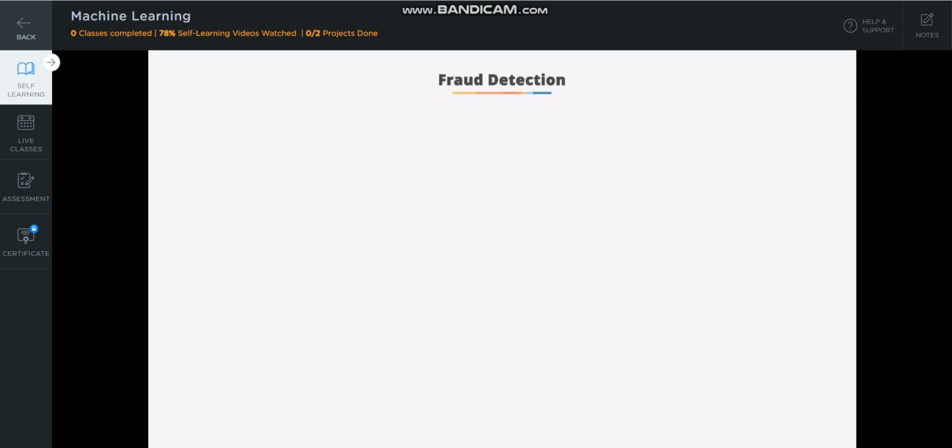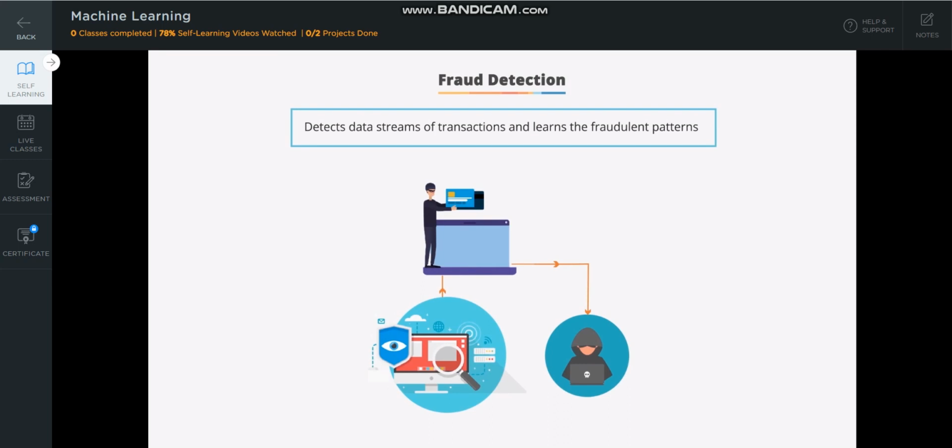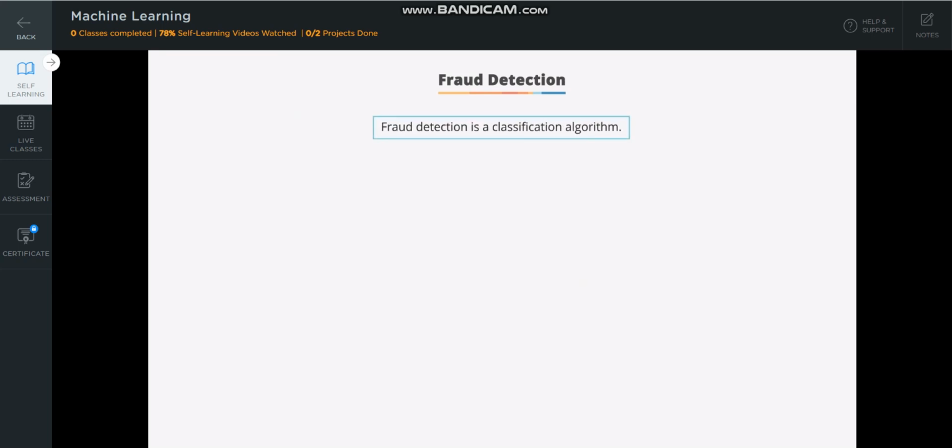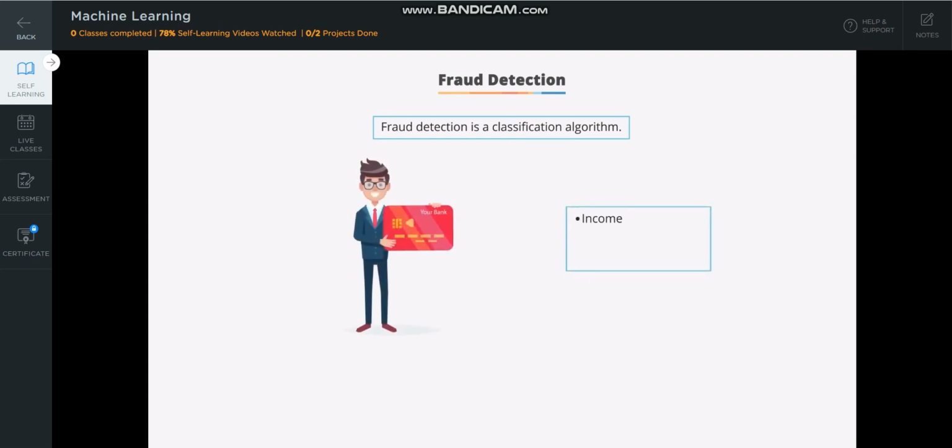The second use case that we have is fraud detection. Fraud detection detects the data streams of transactions and learns the fraudulent patterns. A fraud is a small fraction of the daily transactions. Fraud detection is a classification algorithm as it contains information about the account or card holder, such as income, information about large purchase, occupation of cardholder, etc. Classification can be done using these patterns or labels.